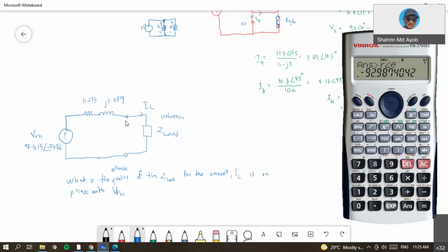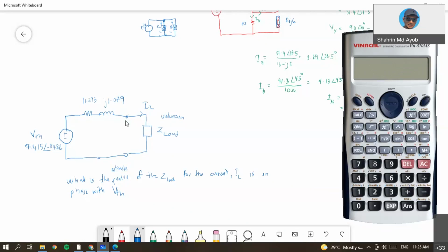The question is, what is the estimated value of the load so that the load current IL is in phase with the V-terminal? That is the question.